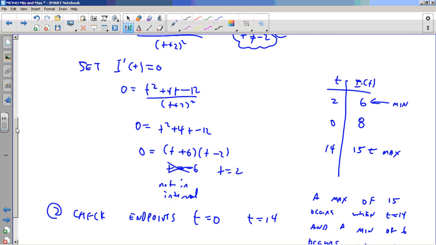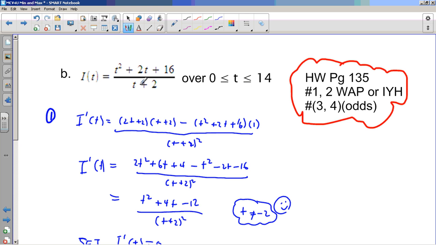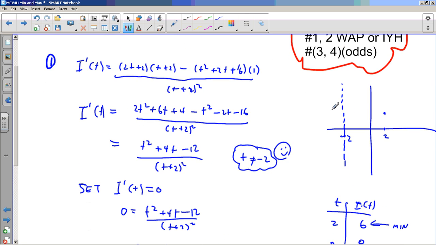Quickie sketch. Can we do a quickie sketch of this one? A little bit. Remember, this has got an oblique asymptote, right? It's got a vertical asymptote at -2, and it's got an oblique asymptote. I don't want to do the long division. That's beside the point. But I do know it comes to a minimum at 2 of 6. So probably the oblique asymptote's there somewhere.